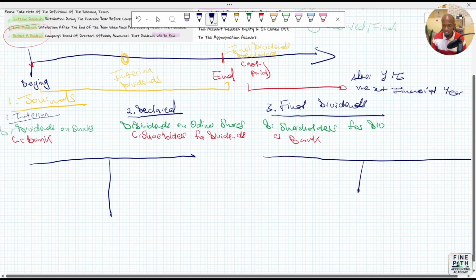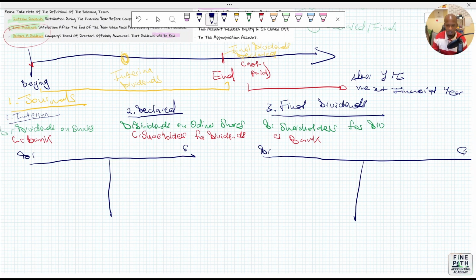And then both these accounts behave the same. So this side will be our debits, and this side would have our credits. The first account we're saying is our shareholders for dividends, right?